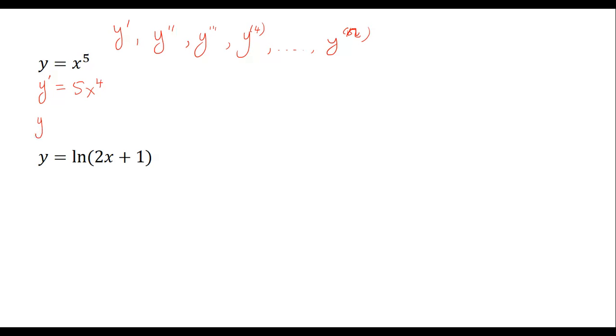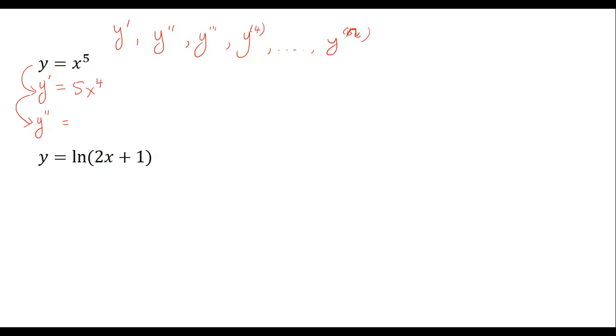If you need to find y double prime, you need to differentiate your first differentiation. That is the difference: you cannot simply solve y triple prime from y. You need to do y prime first, then y double prime, and then later the third, the fourth, and so on.